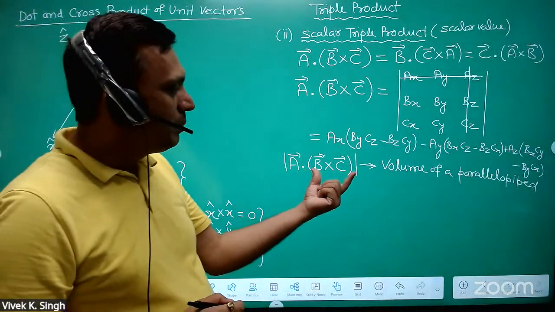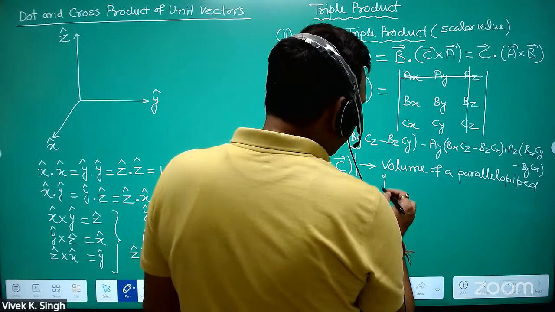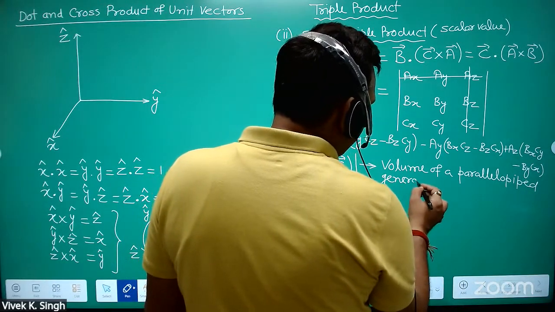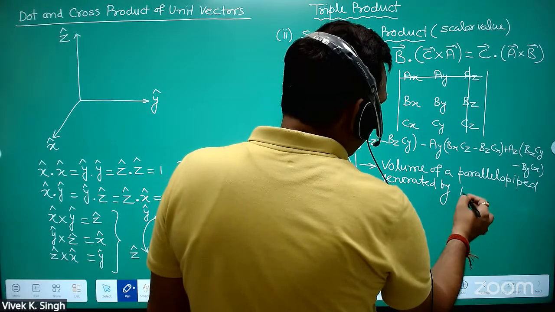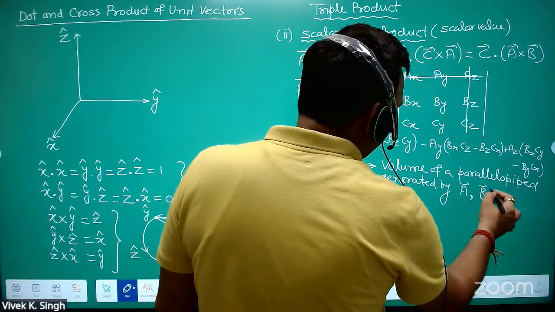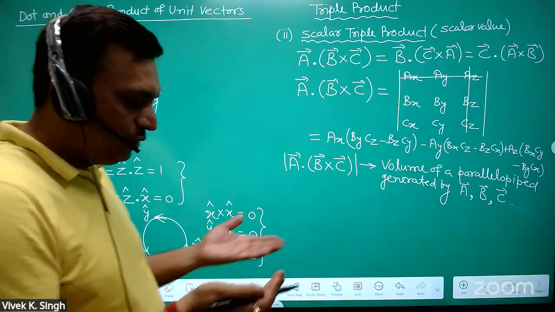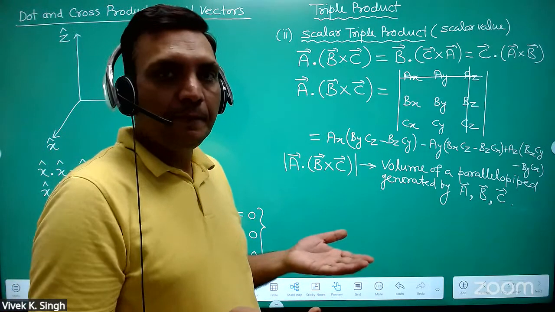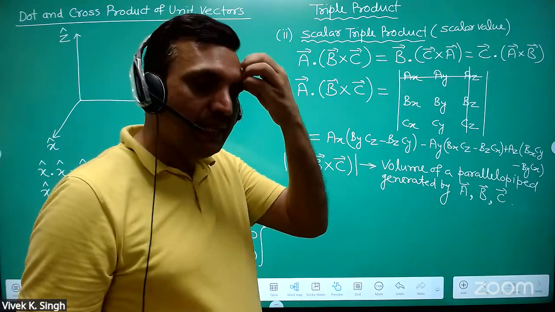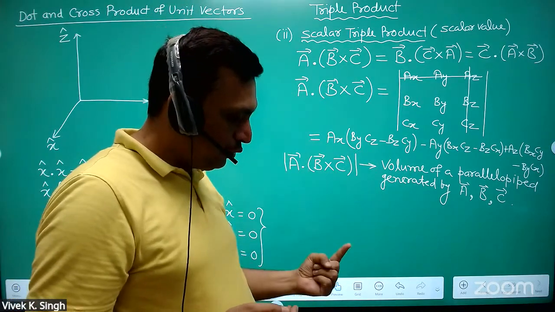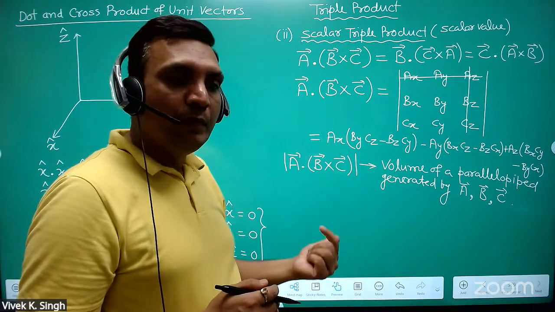So A dot B cross C is the volume of a parallelopiped generated by A, B, and C. Let's say if you have a base, B cross C will give you the area of the parallelogram generated by B and C. And then B cross C n cap will be perpendicular to this.